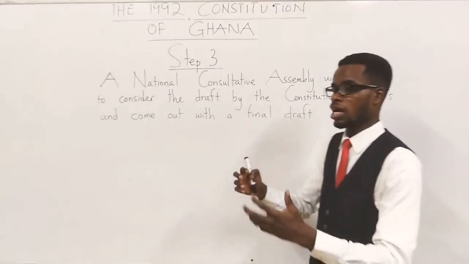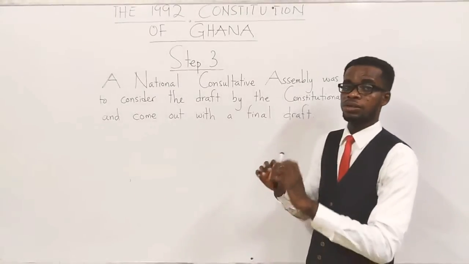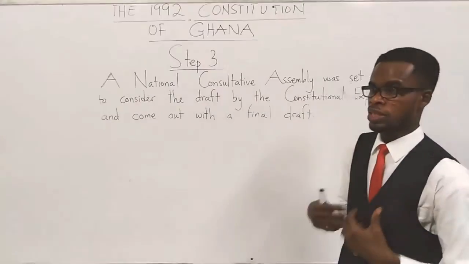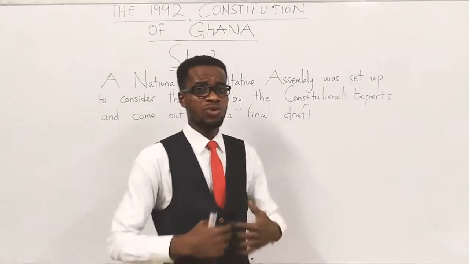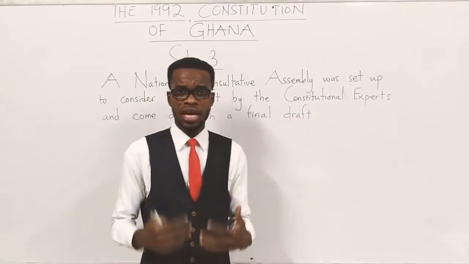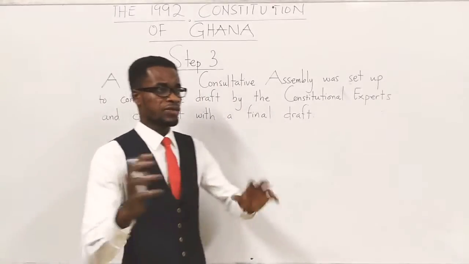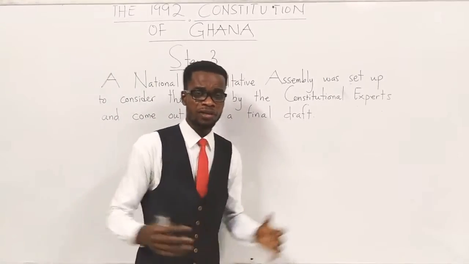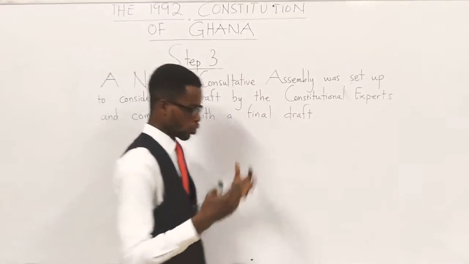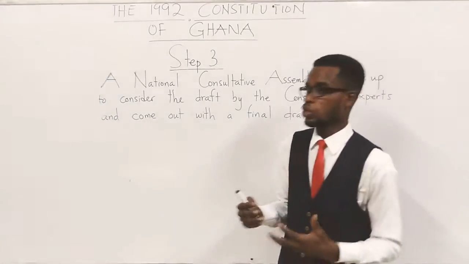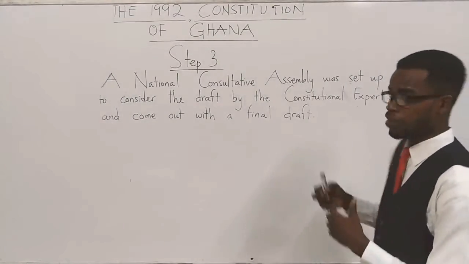They had to know their views clearly concerning the final draft. Because it's a set of rules that is going to govern us, and if we want it to last, we need people from all careers and facets of life to come together and contribute their views. So that was the job of the National Consultative Assembly.